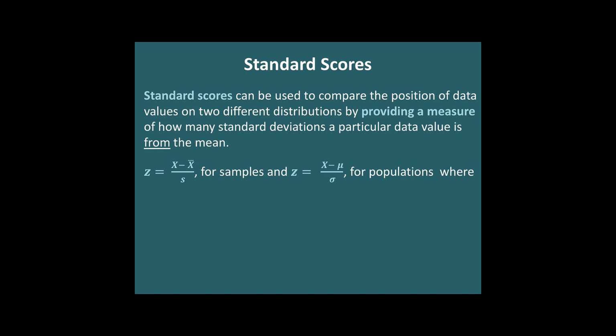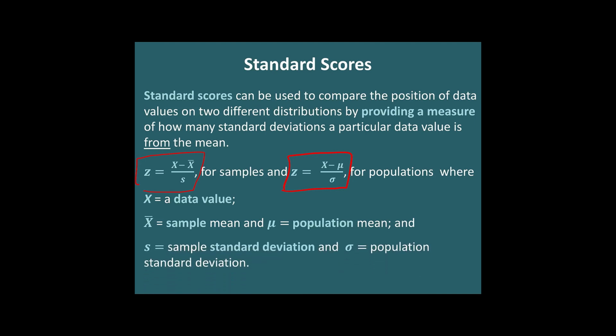We will utilize this formula here for samples and this formula here for populations, where x is a data value, x bar is the sample mean, mu is the population mean, s is the sample standard deviation, and sigma is the population standard deviation.